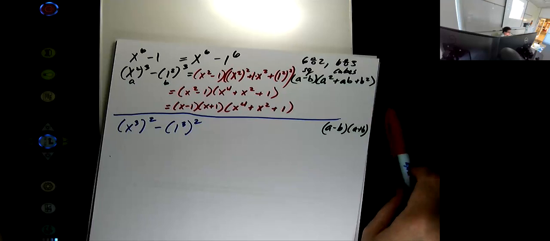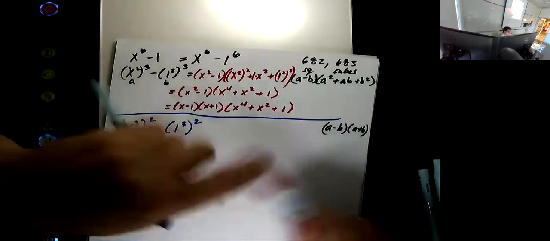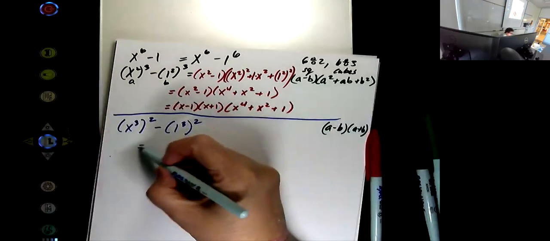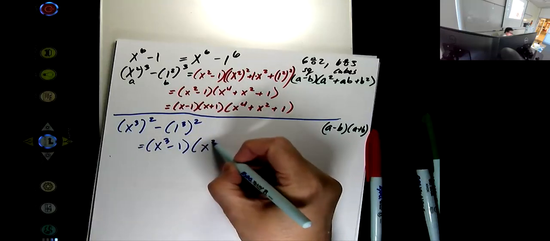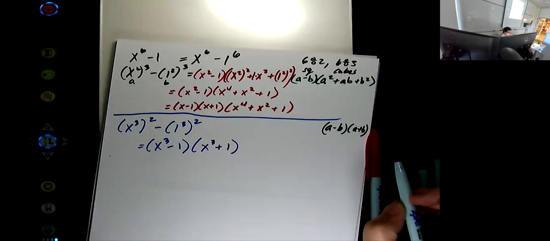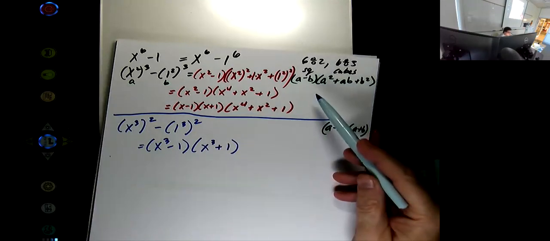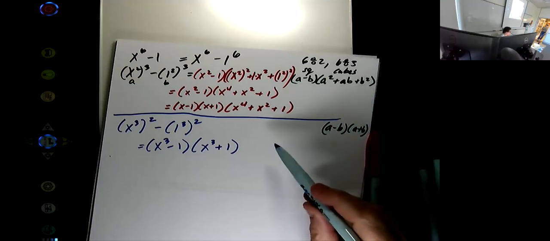What are you guys doing so far? x cubed minus 1 times x cubed plus 1. That's correct. That's our first step. We did the squares, now we have to look for the cubes, and these both have cube formulas.